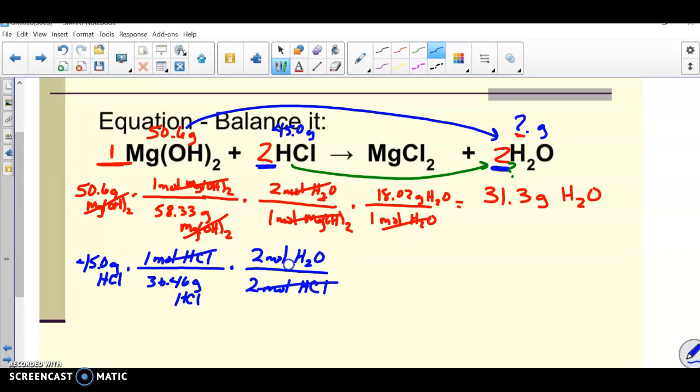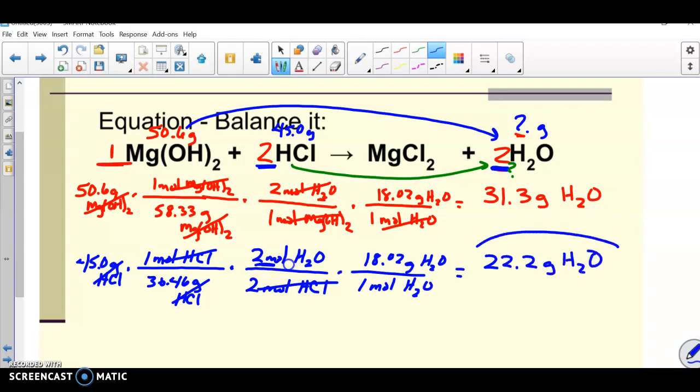Get this to cancel. This is canceling. Times, then I'm back to moles of water, so I got to go 1 mole of water and convert it to grams is 18.02 grams of water. Doing my math through there, I got 22.2 grams of water. Okay, this is the least amount produced, least product produced.